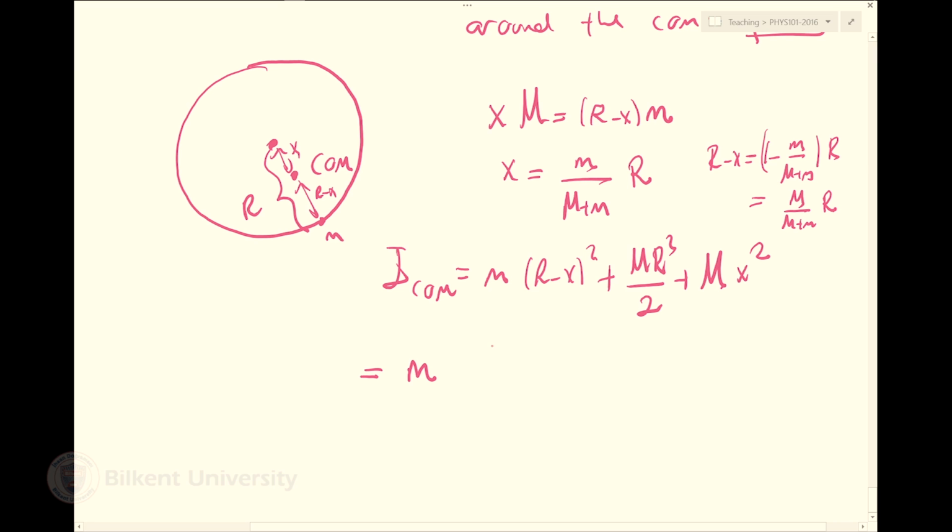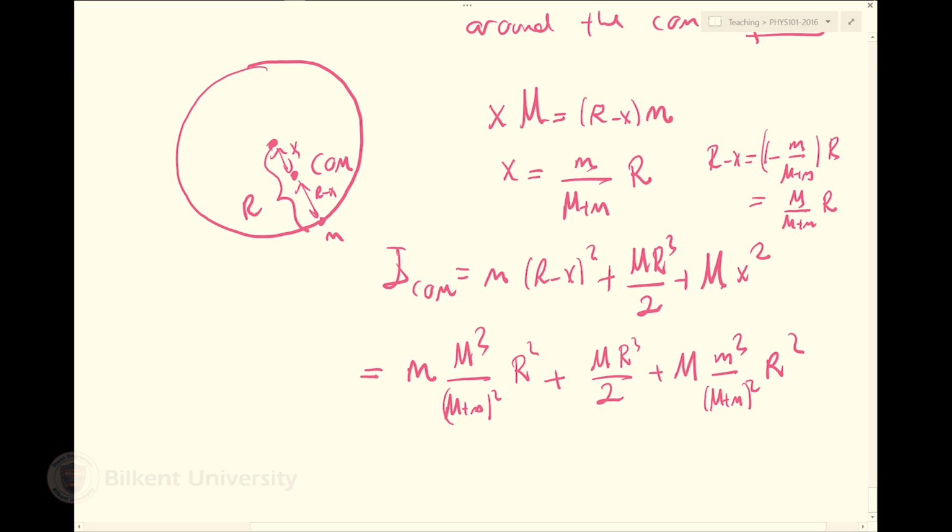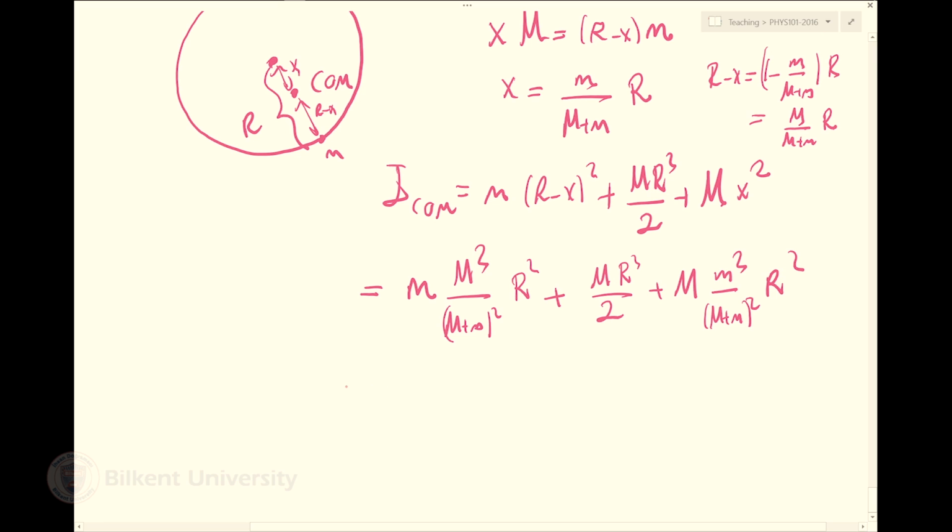So m times M squared over m plus M squared times r squared plus M r squared over 2 plus M m squared divided by m plus M squared times r squared. So let's calculate all of these in a nice way.